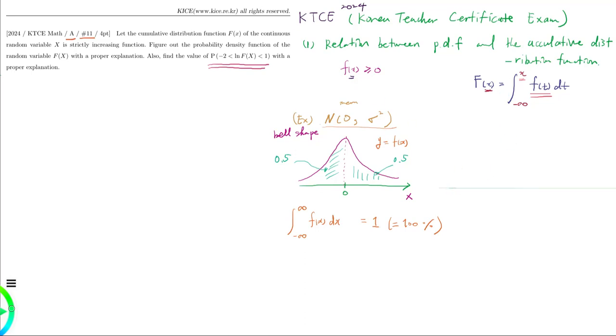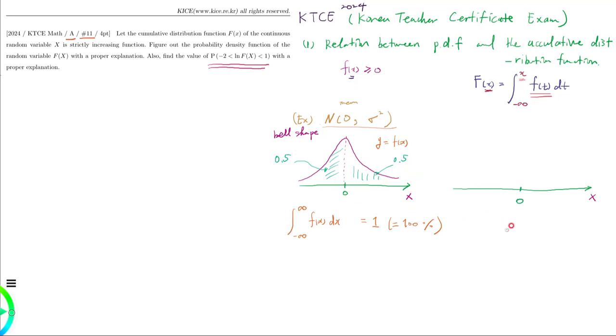When I think of its cumulative distribution function, capital F of x, it has a certain property from its probability density function.